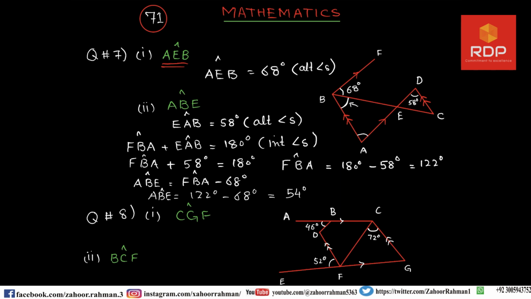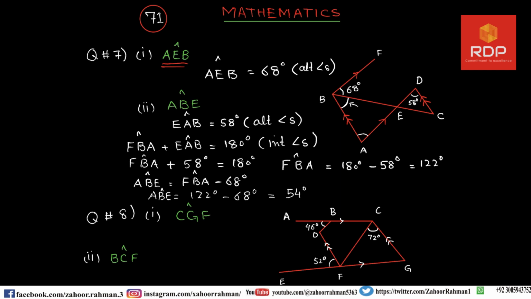Okay, now we are turning our focus to question number 8, and in question number 8 we are given this figure, which is on the right side of your screen. So we have to think about this figure while solving.